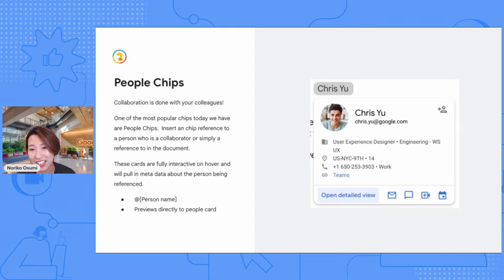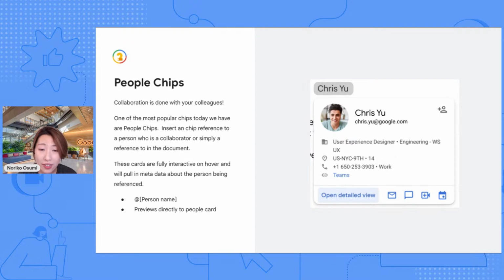I would say obviously it also depends on the data that is stored about that particular user within your organization. So the more information that you have within the organization about who that person is, the more information that we can show when the user does that hover state.